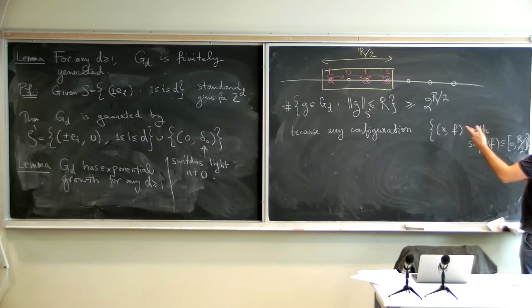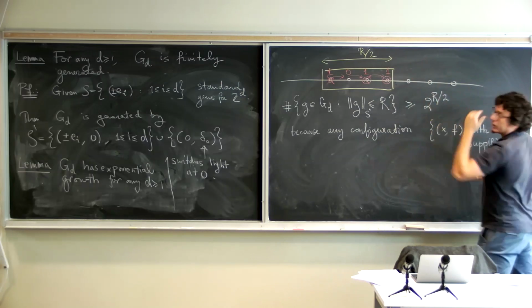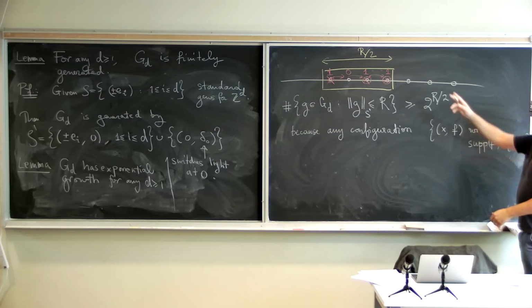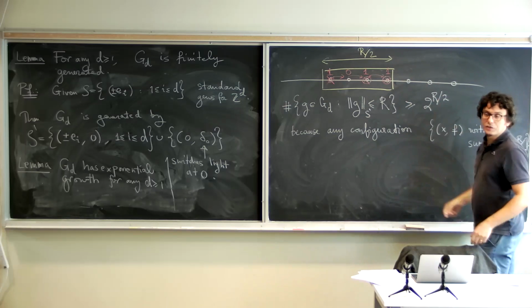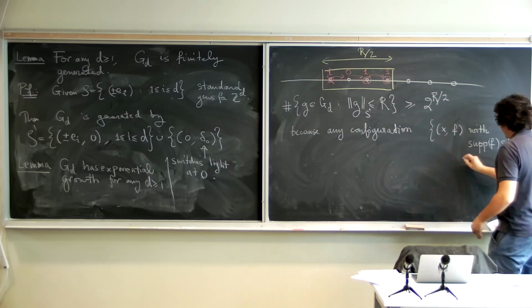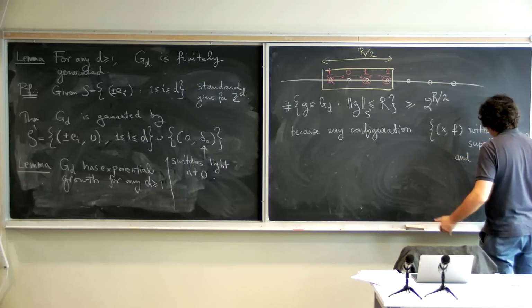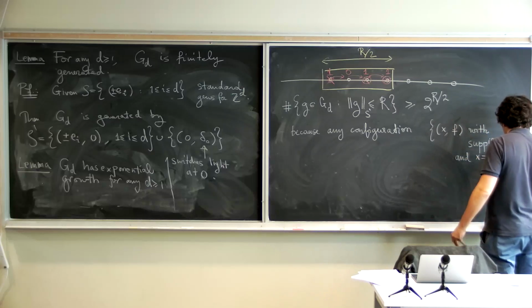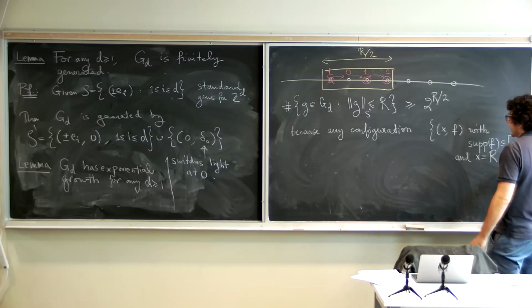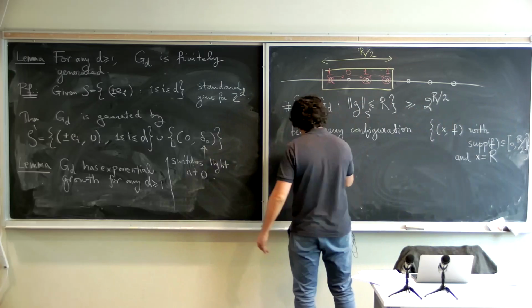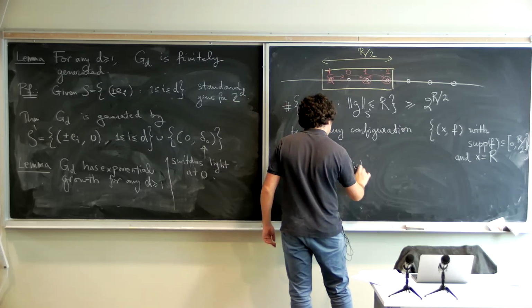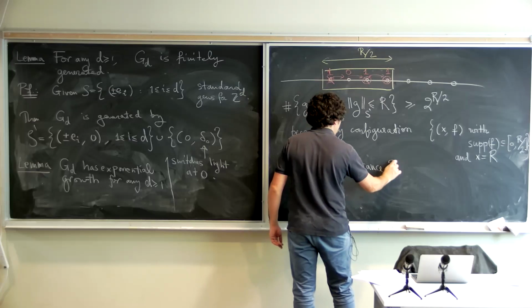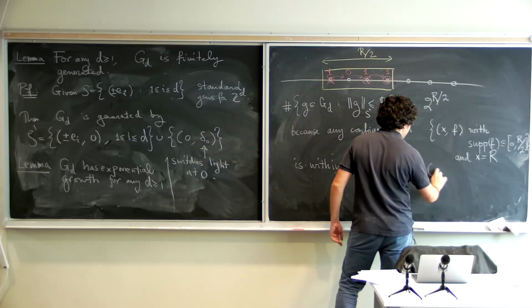Okay, maybe we want to say that F is at the right side, just that the lamp lighter is here again. Otherwise, it has to go back. And X equals R at the end is reachable. It is within distance R of 0.